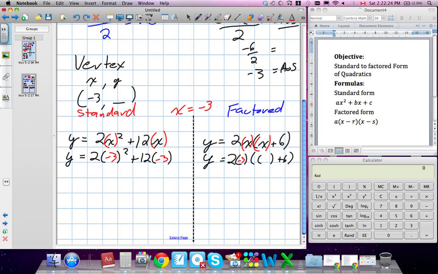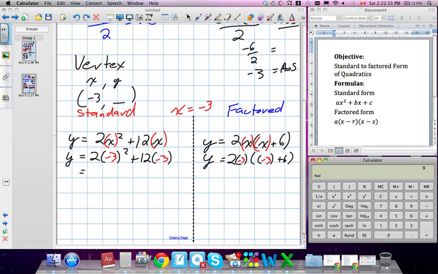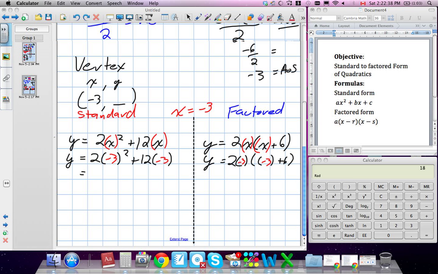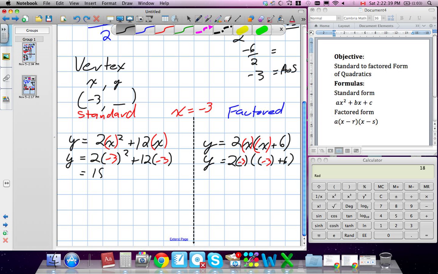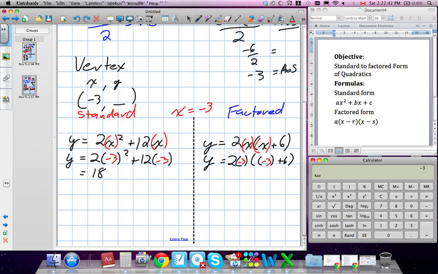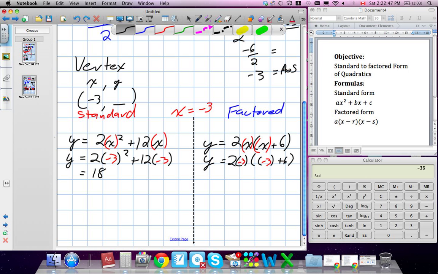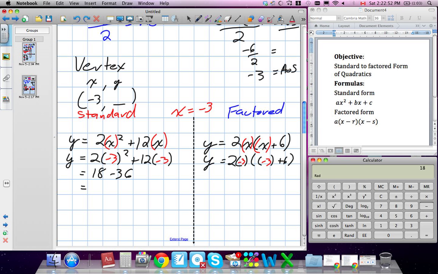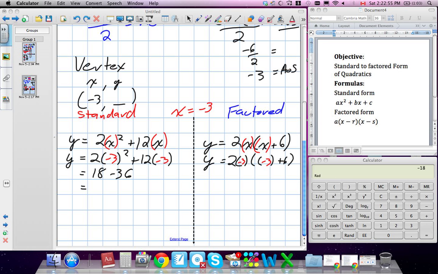I'll solve the standard form first. -3 squared is 9. Then I multiply by 2: 18. So we get 18, and -3 times 12 is -36, so we're going to be subtracting 36. Finally, 18 minus 36 is negative 18. So our y value is negative 18, according to this.